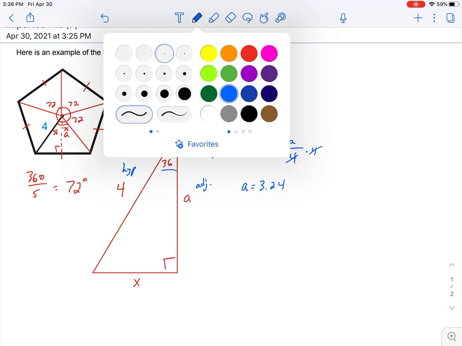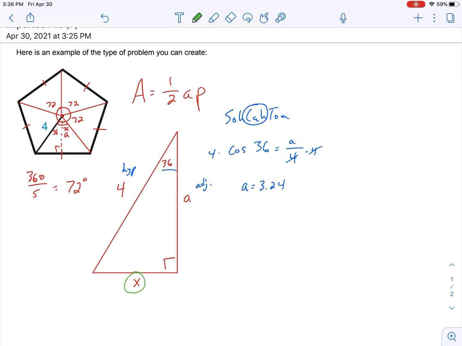I need to calculate the perimeter. In order to get the whole perimeter, I need to find X. I'm going to do this in a different color, just so we can see what I'm talking about here. So again, I'm going to focus on that angle of 36 degrees. X is opposite the angle, and 4 is the hypotenuse. It always is the hypotenuse, no matter what angle I'm talking about. So what uses opposite and hypotenuse? That would be sine, right? So we would say the sine of 36 equals the opposite side over the hypotenuse.